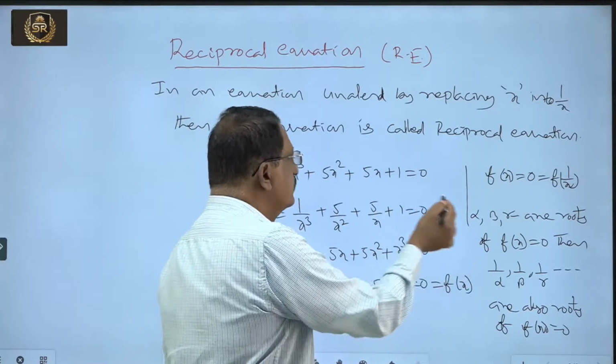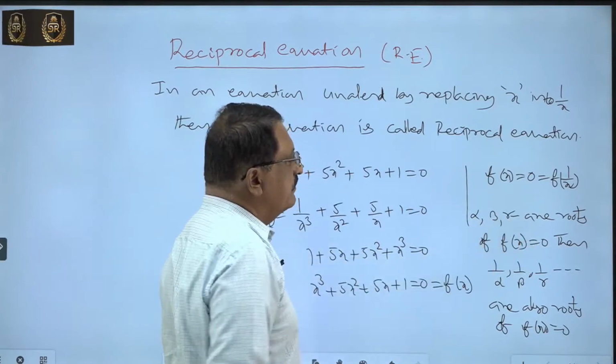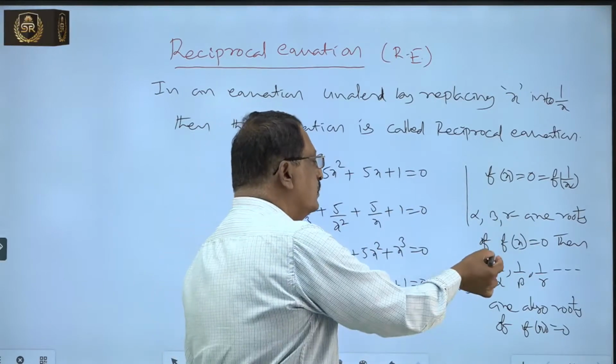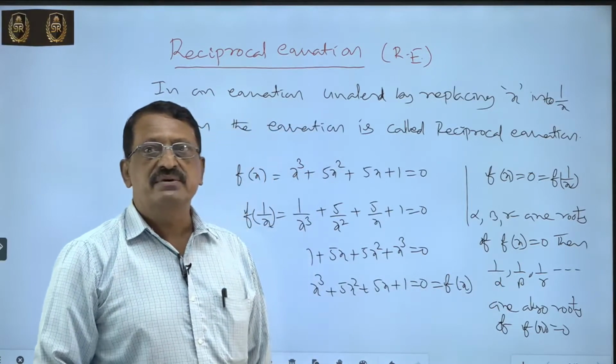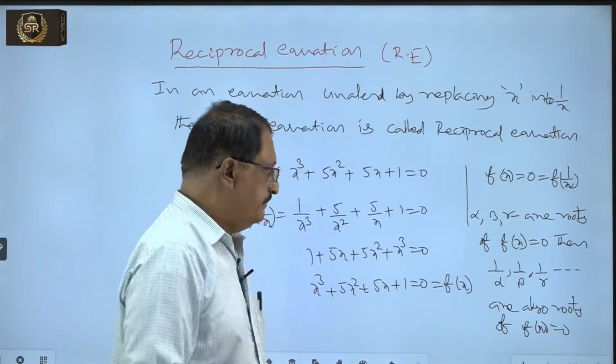And also f of x equals f of 1 by x, so 1 by alpha, 1 by beta, 1 by gamma are also roots of the equation f of x equals 0.